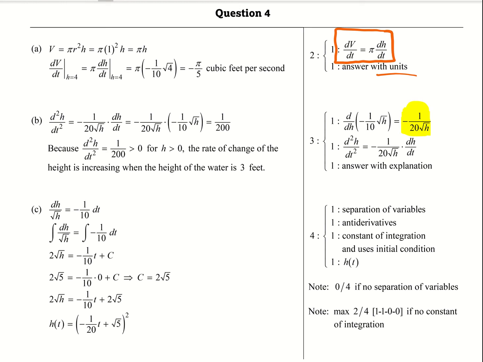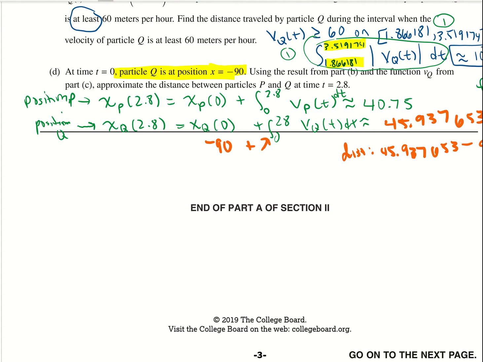If you forget the dH over dt, you're still going to get the first point. Now to get the second point, you have to recognize that we're doing this implicitly. The third point is going to come from the explanation, noticing that it's a positive value for the second derivative, and therefore the rate of change of the height is increasing. So we would have gotten 3 out of 3 here.